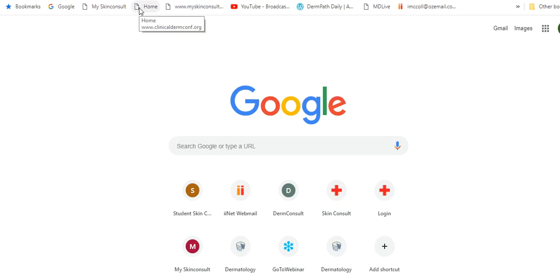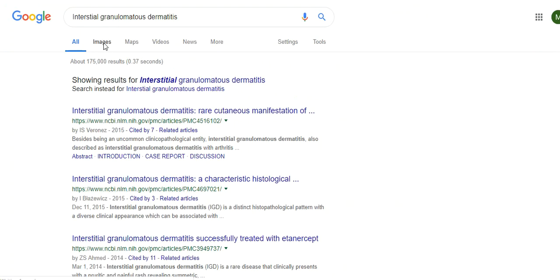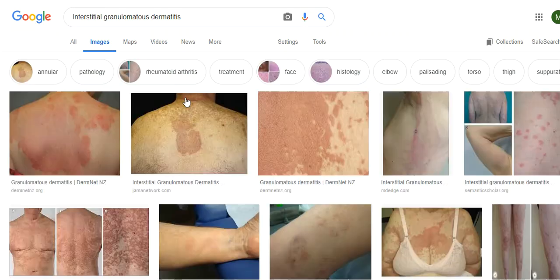Let's go for Google and we'll see if we can get any images for that. Right, you can see the sort of pictures that they're giving here for that condition.